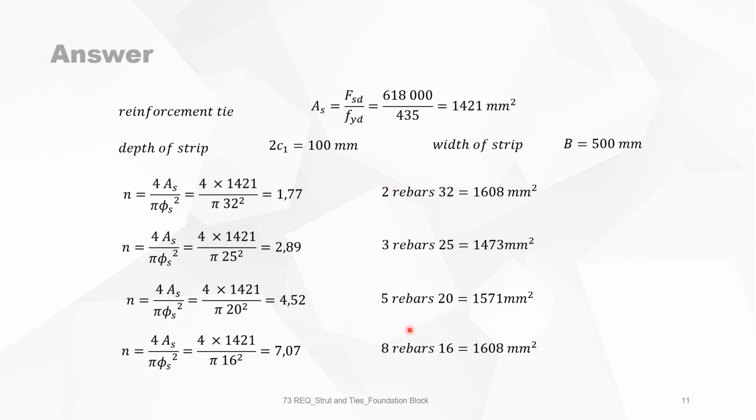So when we look at those figures, we see immediately that the best solution will be 3 bars of 25 with a total capacity of 1,473 square millimeters, because the others give you much more reinforcement.